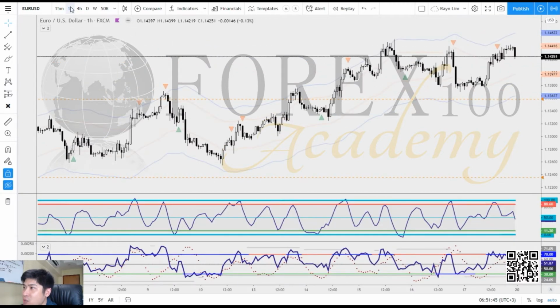Down to the 1-hour chart, we can see also a similar story, and this pretty much looks like the daily chart, correct? The entire formation looks very familiar. Same story, the market has not broken and closed above, but on the 1 hour, a very strong bearish engulfing happened right before the Friday candle close.